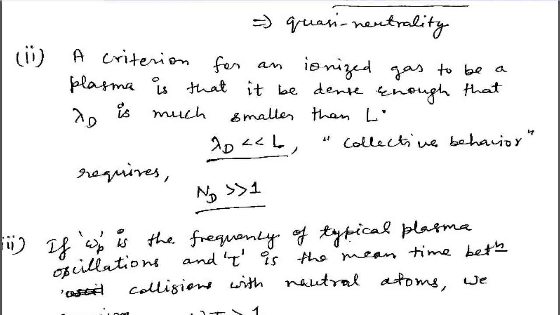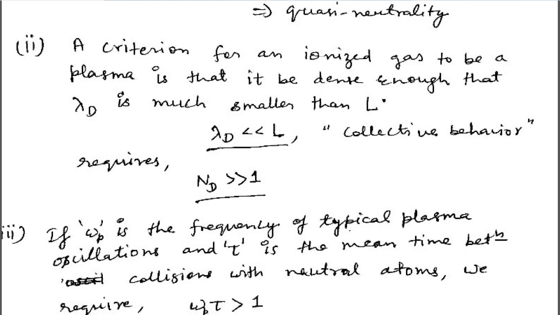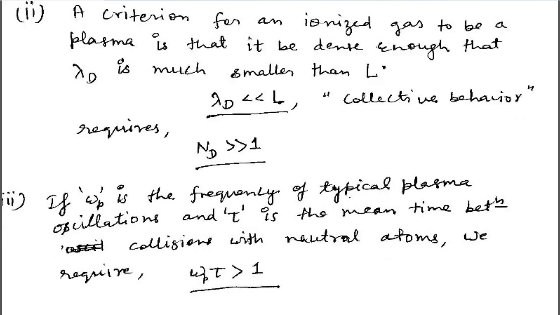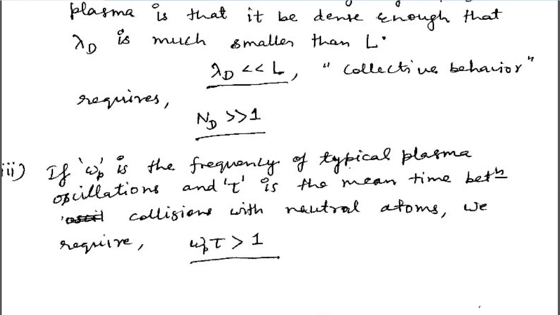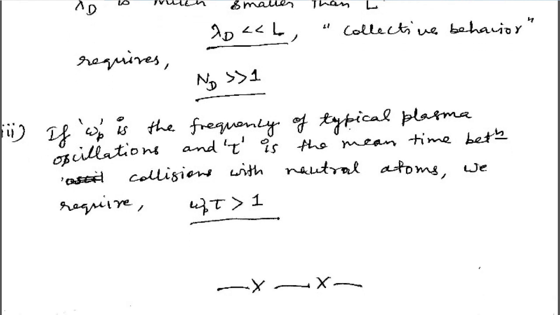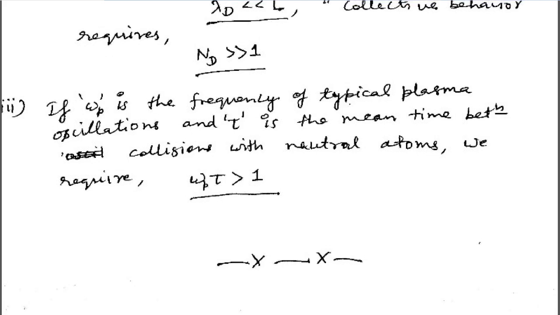So N d must be much larger than unity. And the third is very important. If omega p is the frequency of a typical plasma oscillation and tau is the mean free time between collisions with neutral atoms, then you require one more condition: that omega p times the mean time tau should be larger than one. So remember these three things to have a plasma in any case.